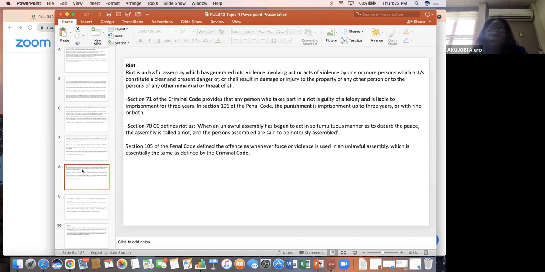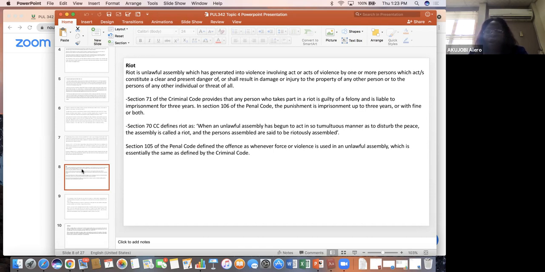Where an assembly is deemed unlawful, by the time the conduct of the persons is becoming worrisome, by the time it's portending stress or trouble for those around, then of course it's becoming very unlawful. And by the time they become violent, become riotous, it is no longer just an unlawful assembly, but even a riot. So riot is an aggravated unlawful assembly.